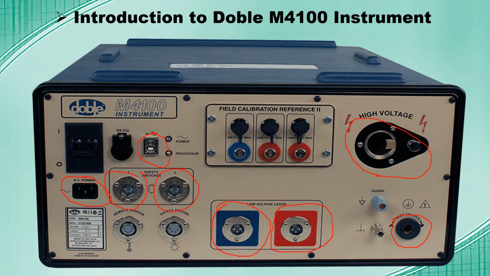This is the temperature sensor that will connect over here, and this is the alarm that will indicate that the test is running. And the last one is the earthing of the kit itself in order to protect my kit. We will not be using this part for tan delta.